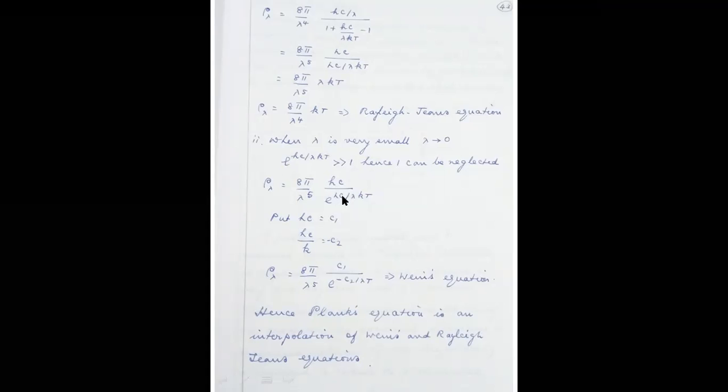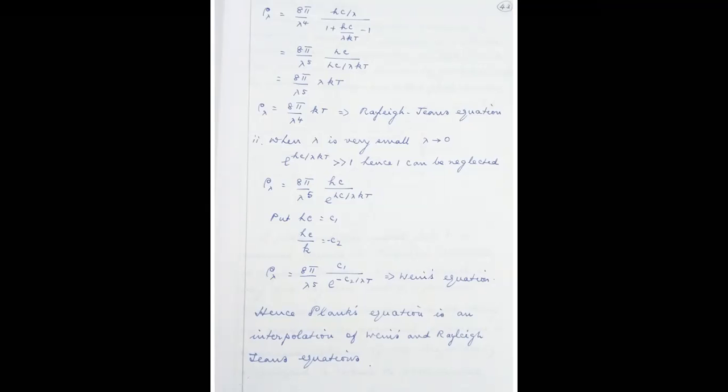Here hc by k, all these things are c2. So when you substitute c1 and c2, you are getting rho lambda is equal to c1 by lambda power 5 into e power minus c2 by lambda T. This is Wien's equation. So one single equation becomes the Rayleigh-Jeans equation in the higher wavelength region and Wien's equation in the lower wavelength region.